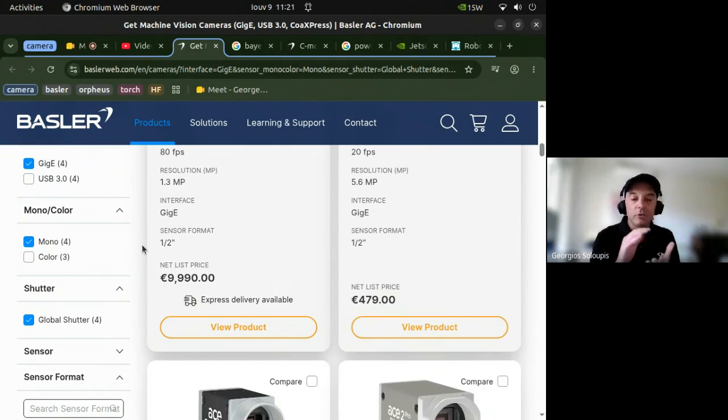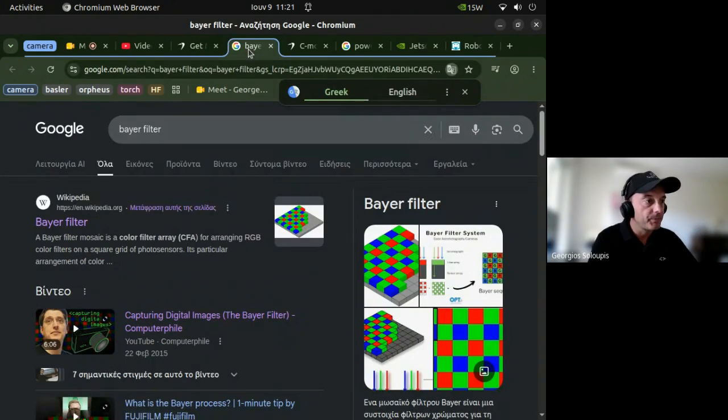When you have the camera and you have the sensor, on top of the sensor there is the Bayer filter. You can see here some explanation of the Bayer filter. It was invented about 50 years ago, and it sits on top of the sensor that gets the information about the photons that are hitting the sensor. Let me show you this one.